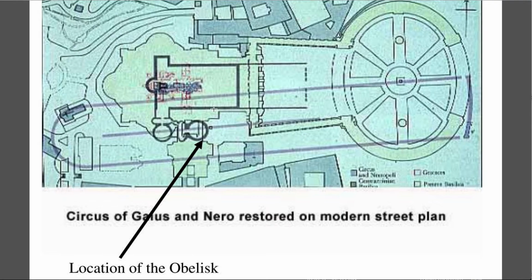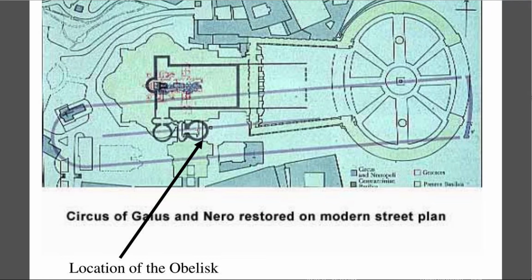It was in this spot long before, in Roman times, and in that spot, in this circle, it says the location of the obelisk. There was an obelisk here that came from Egypt. The obelisk was created in 1800 BC, an Egyptian obelisk that one of the Roman emperors, Caligula, in 37 AD, brought to Rome and put here in the middle of his circus.